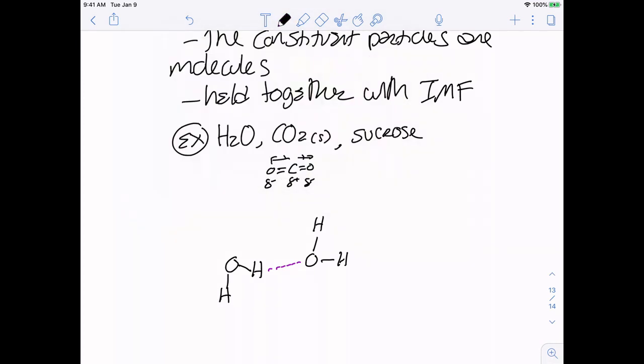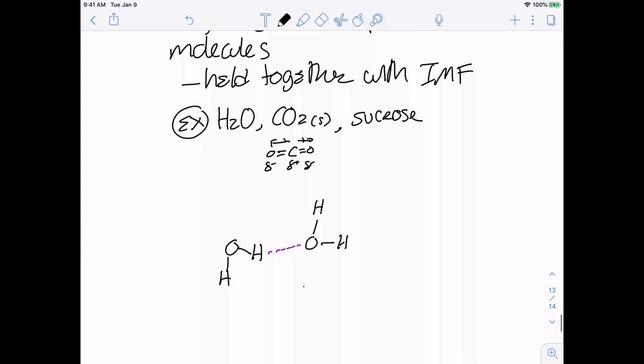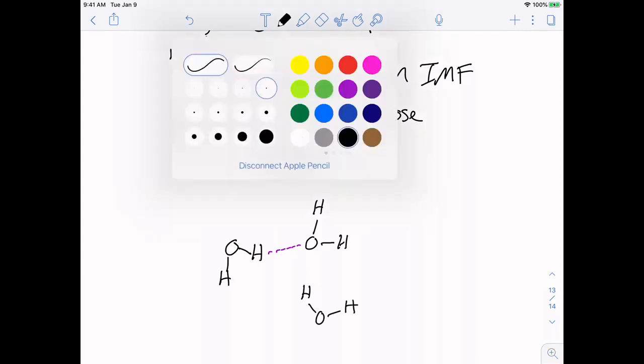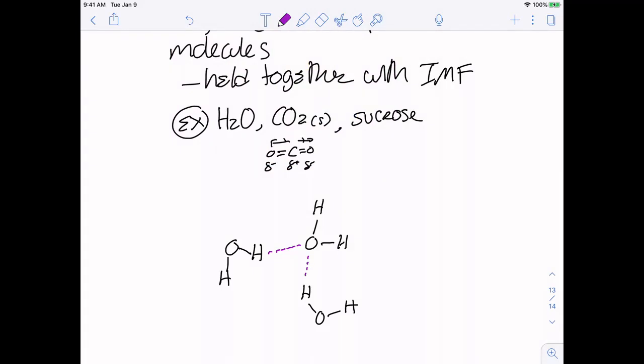I could draw another water in here if I wanted. And then that's another intermolecular force. So for water, we could keep going, but my dotted lines are different than my solid lines, right? Within a unit, within this guy, I have covalent bonds, and then between molecules, I have intermolecular forces.